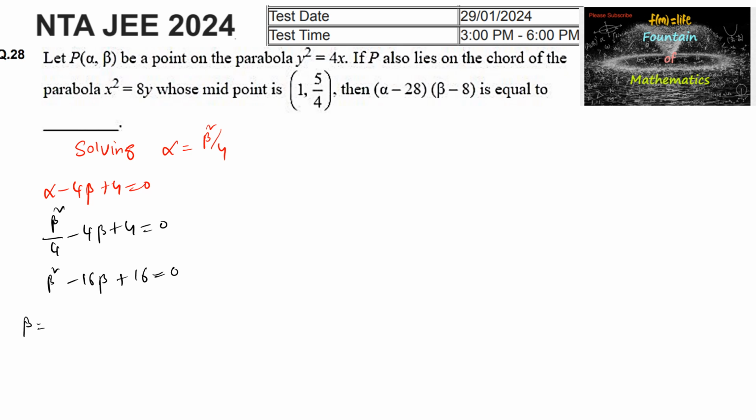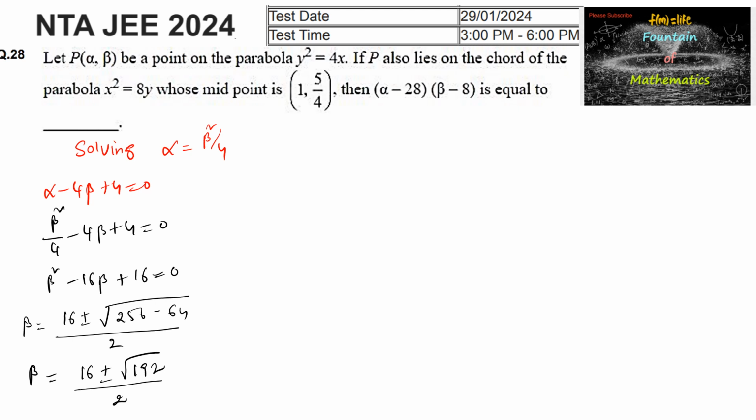So beta is equal to 16 plus or minus under root of b square minus 4ac, that is 256 minus 64, divided by 2. So we can write 192, so square root of 192 divided by 2.